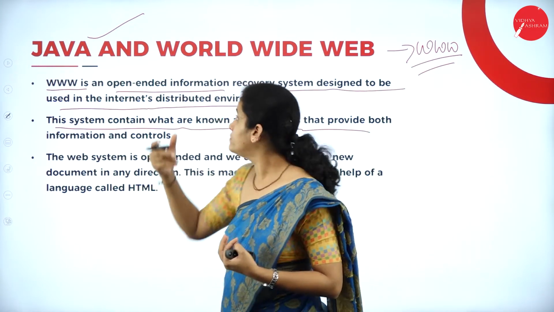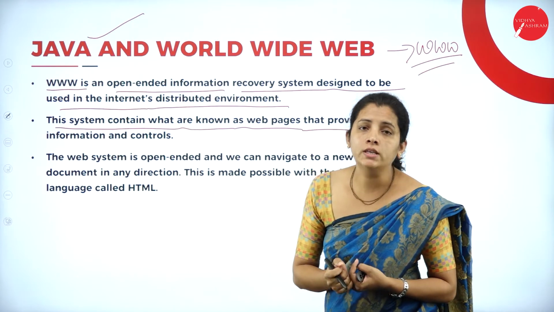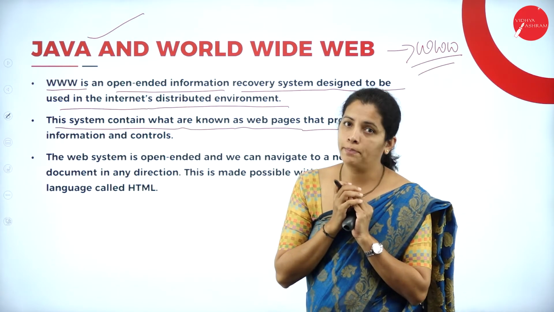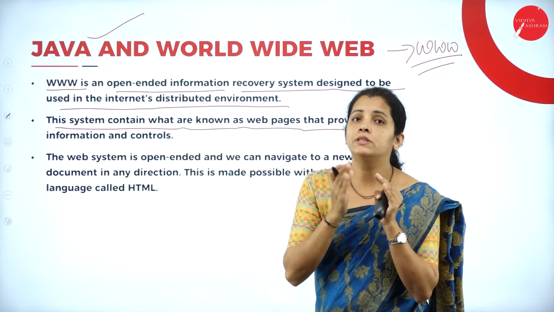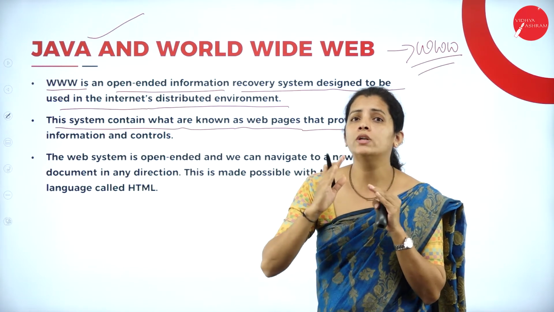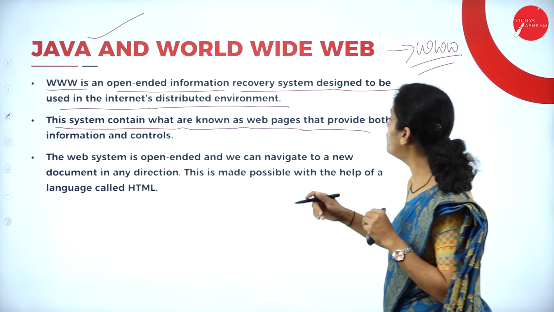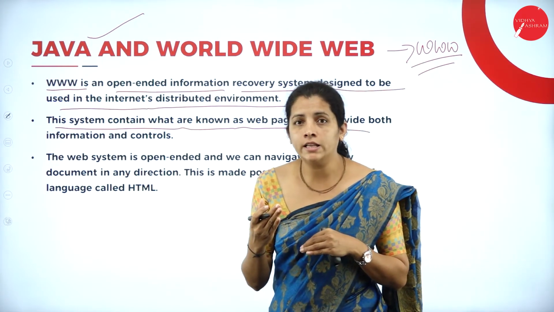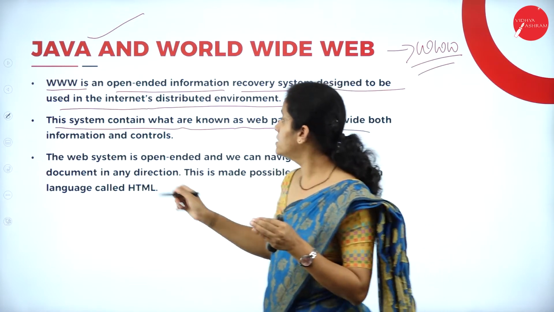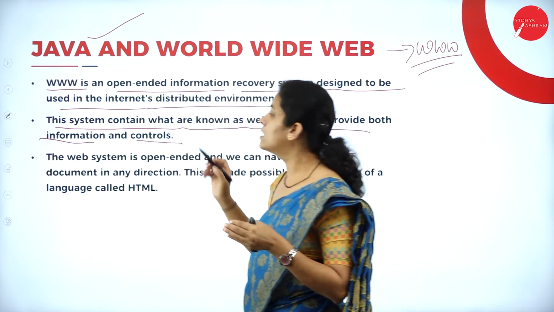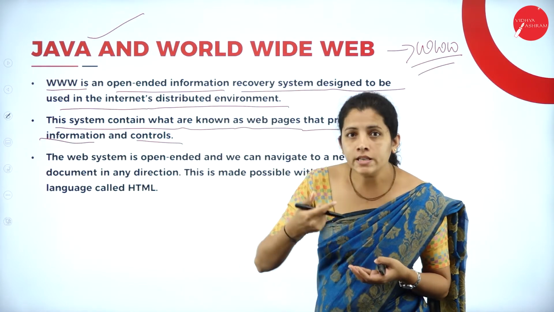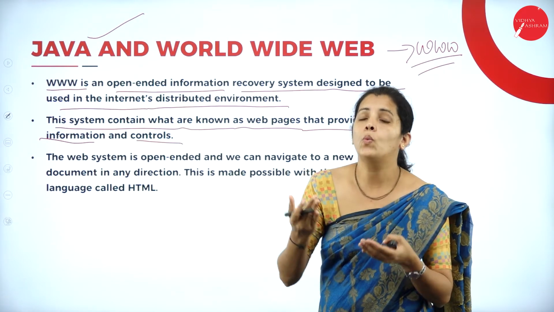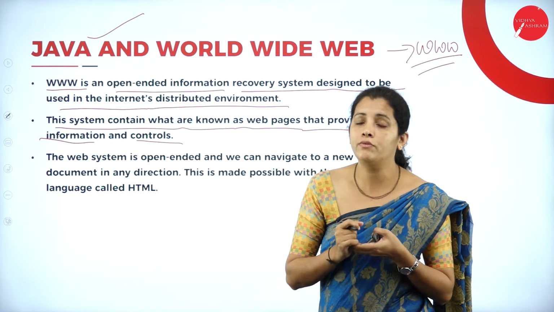So here, as I told, www is nothing but the repository which is capable of storing a large amount of web pages. Now, what does a web page contain? Here, a web page contains information and controls. What is information? Information is nothing but the data the user wants.